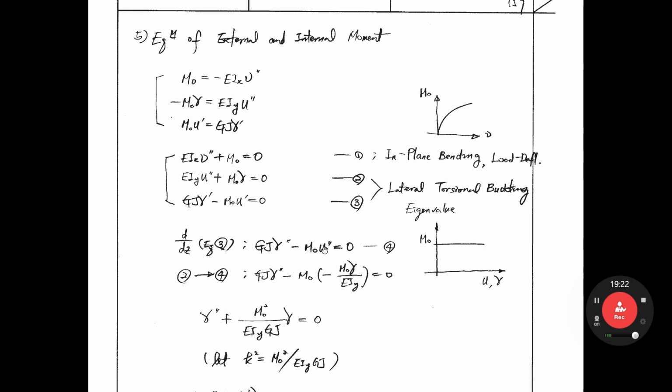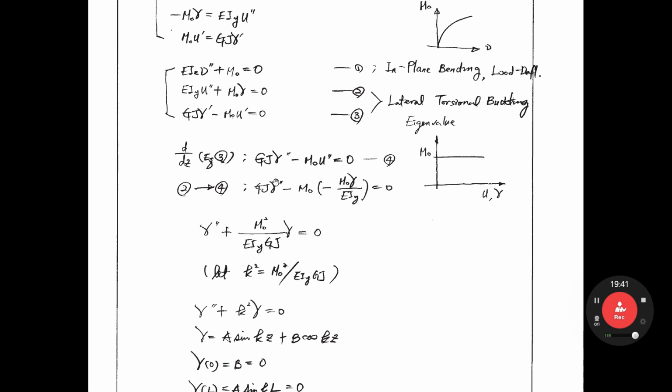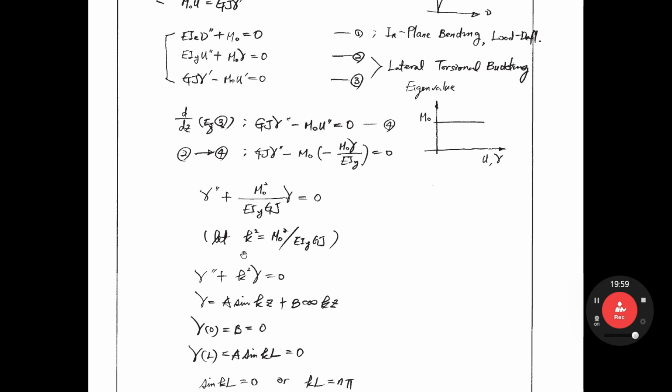What is u2 prime? From this equation, u2 prime equal minus M0 gamma divided by EIy. So finally you get this equation. And then if you rearrange this equation, gamma 2 prime plus M0 squared divided by EIy GJ gamma equal to 0. Let k squared equal this one, M0 squared over EIy GJ. Do you remember the column case? We had k squared equal P over EI, right?